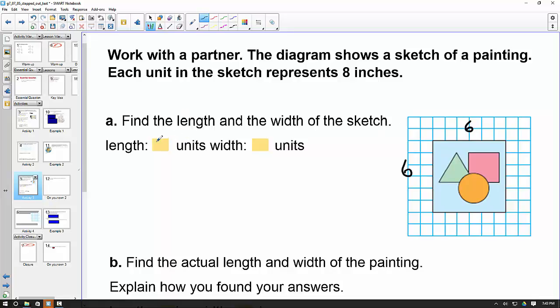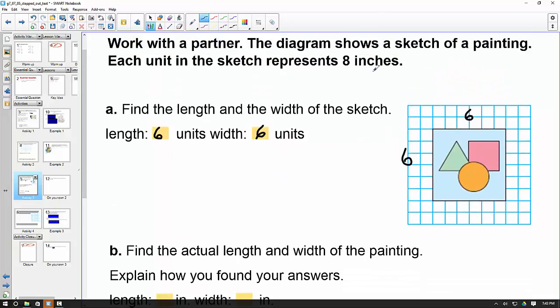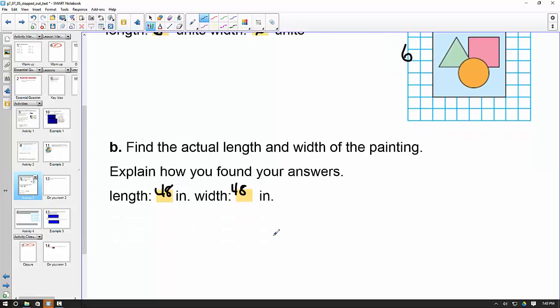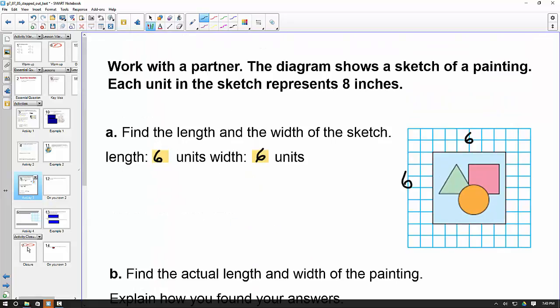For these inches, it's times 8. So 6 times 8 is 48 by 48. All right, so that's what I'm looking at there.